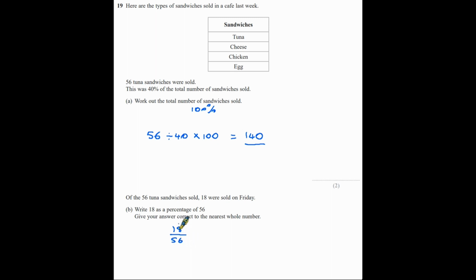If we take the 18 and divide it by 56, the top divided by the bottom, that gives us a decimal, which we can then multiply by 100 to find the percentage. The answer is 32.14, and it goes on and on and on. So to the nearest whole number, we are rounding it. It is 32. The next number is a 1, so it's staying as 32%.